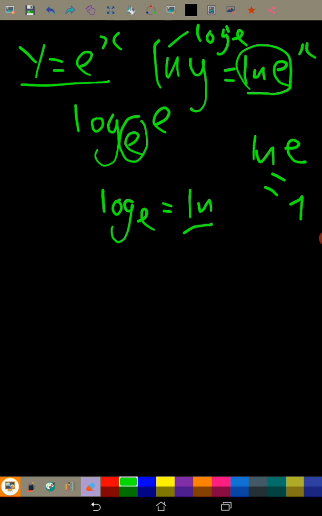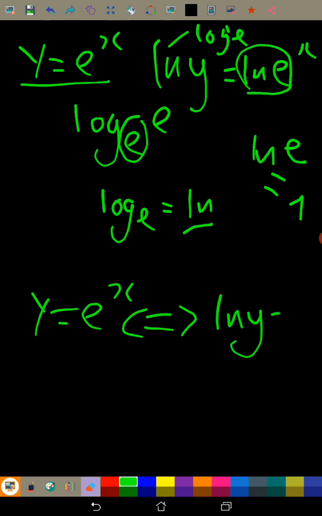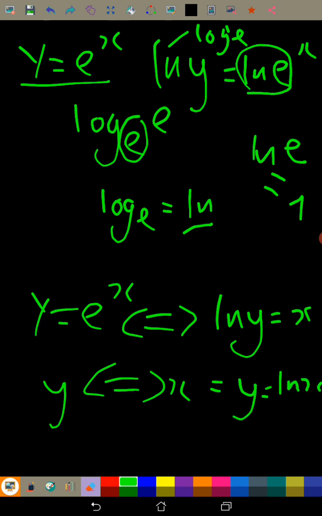So that's why we get y is equal to e^x. The inverse of it is ln y = x, or we can substitute y and x, we get y is equal to ln x. So that's the inverse of this.